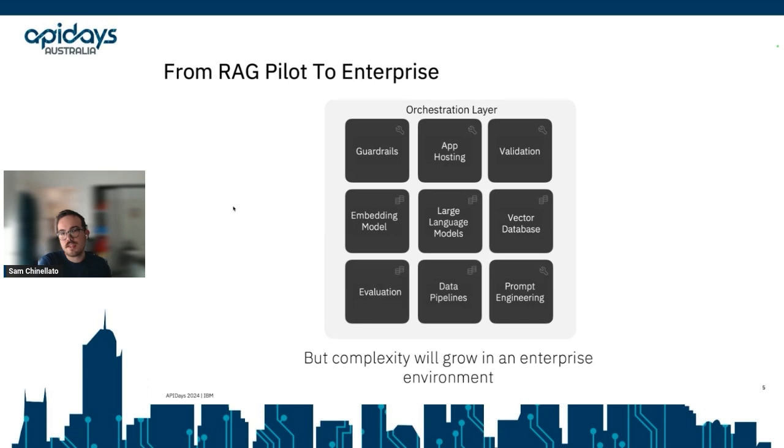This might range all the way from having to prompt engineer your large language model to make sure it doesn't hallucinate, to checking your data pipelines to make sure that the data feeding your vector database and your knowledge store is not going stale.